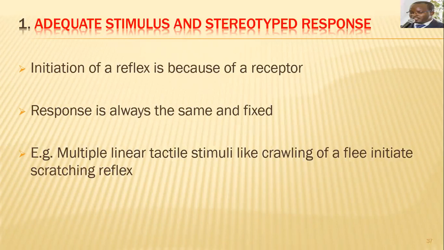That is stereotyped. For instance, you have multiple linear tactile stimuli like crawling of a flea. It's going to initiate a scratching reflex. So anything that is crawling on the skin, producing that linear tactile stimuli, will result in scratching.